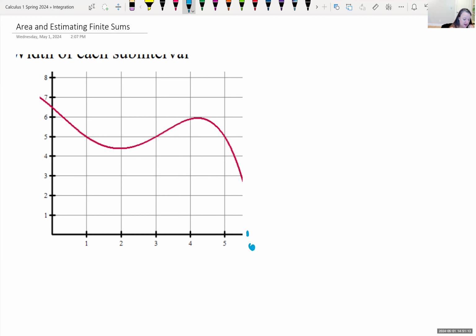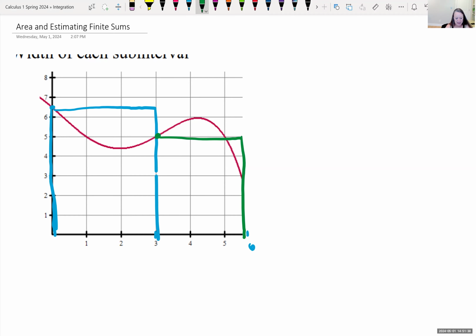And if I use my left-hand endpoint, I could look at from here to here is 1 rectangle. And then from this point over here is the other rectangle.